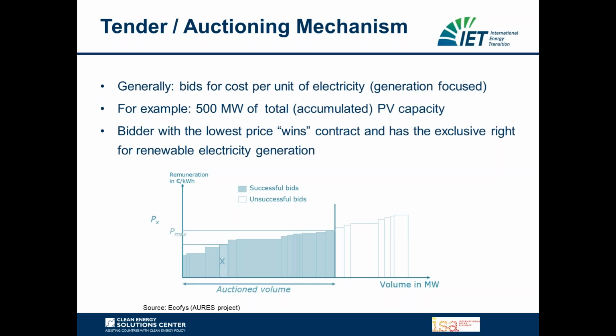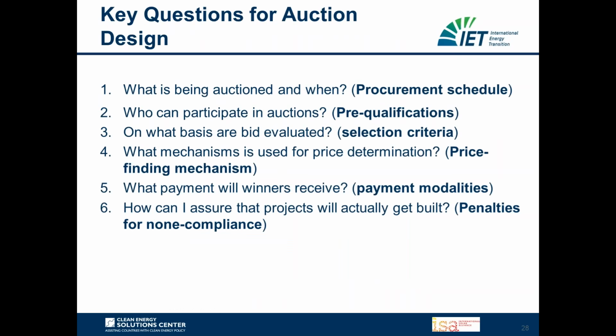Or you can also say, no, it's not actually relevant what they have offered. Everyone actually gets the same price, and the price will be determined by the last bidder. However, keep in mind, most of the auctions worldwide are pay as bid, so every project that has offered the price will exactly get the price that they have offered. But we'll take a closer look at this in the in-depth session on auction design.